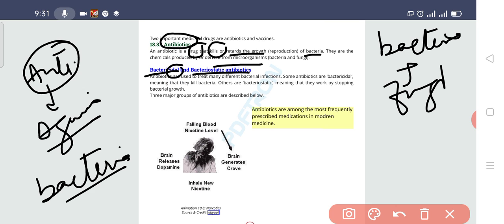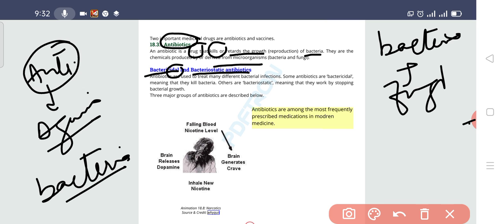The meaning of cidal is basically to kill. So bactericidal means in which we are killing the bacteria, and bacteriostatic. Static means stop. So it means that we are stopping the bacterial growth. So bacteria killing is the bactericidal and growth stopping is the bacteriostatic.